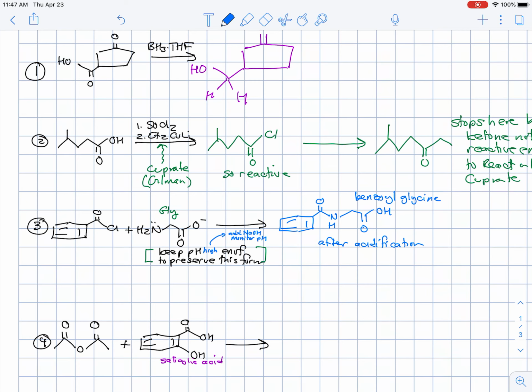And then some of the fun things that we do with this is an NMR study. But you'll have to wait until Chem 24 to learn about that.